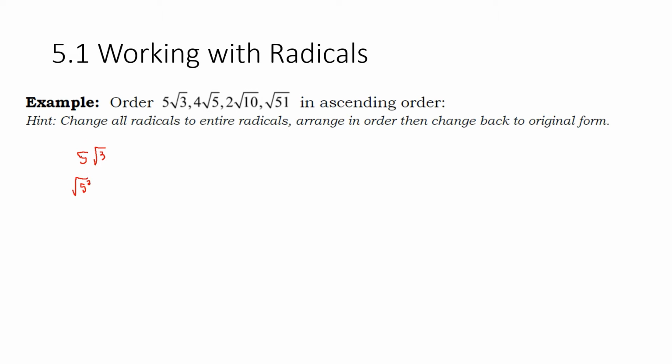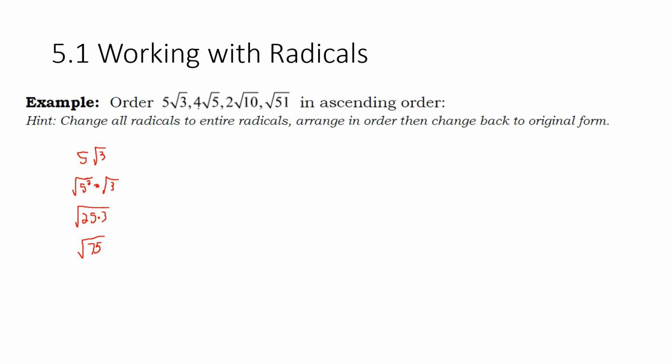So they have the same value, but now we have the advantage of it being under a square root and combinable with this root 3. Let's put them together under one big root: 5 squared is 25, times 3. Now we can finish solving that, and 5 root 3 is the same as root 75.